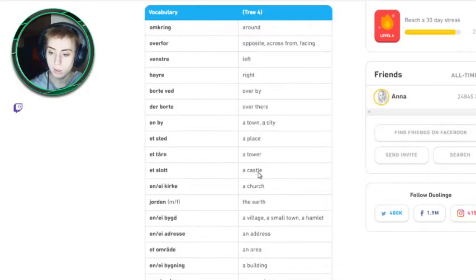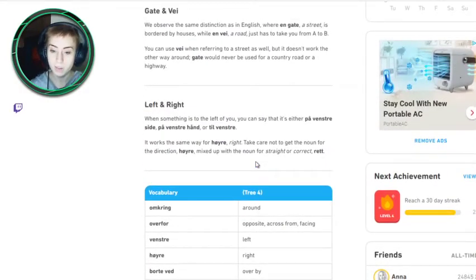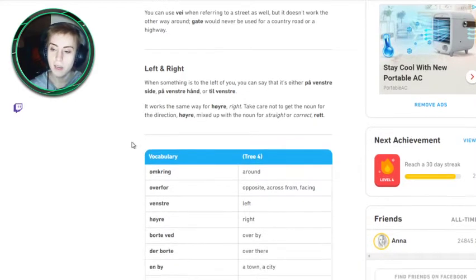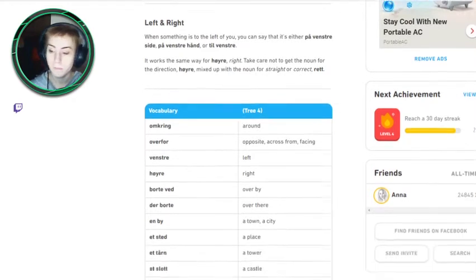But I guess the only way to differentiate would be for, like, on the left side or something, you would say på or på hand or till. And if it was just a noun, it would just be alone.